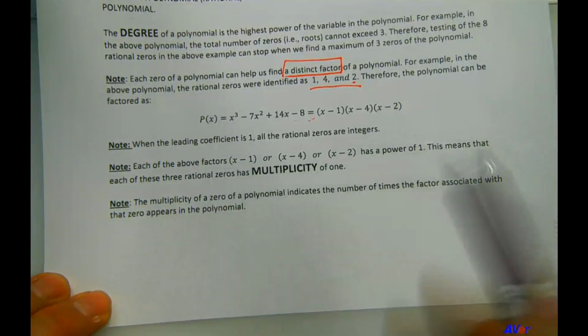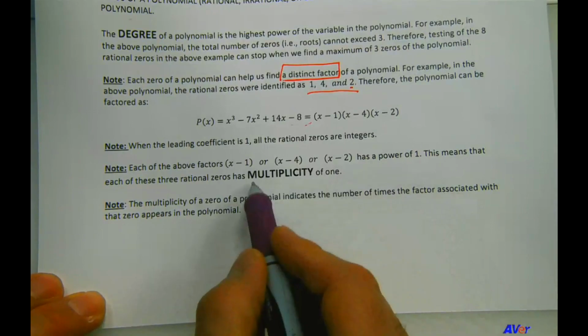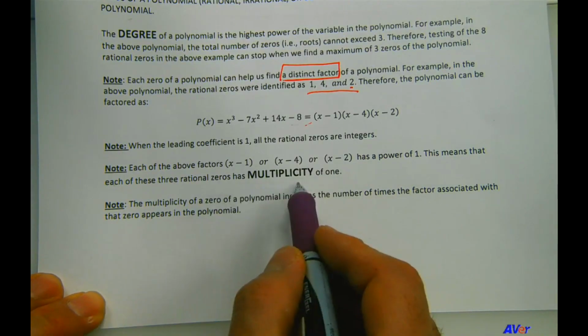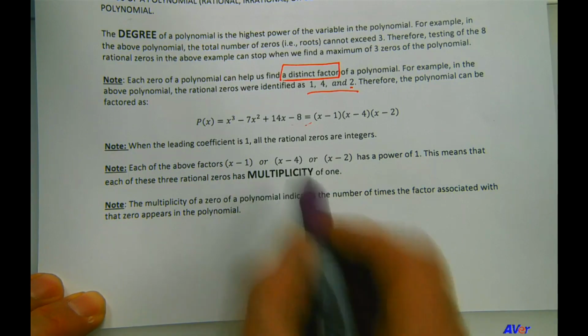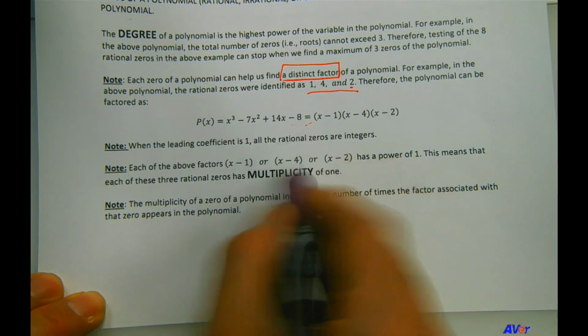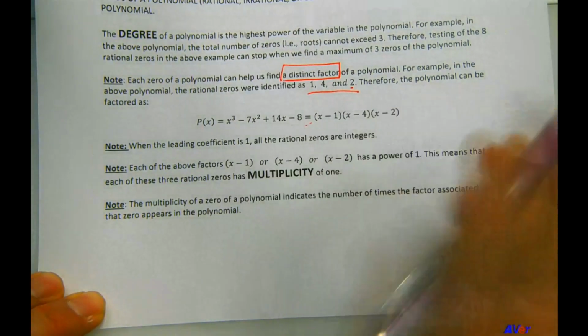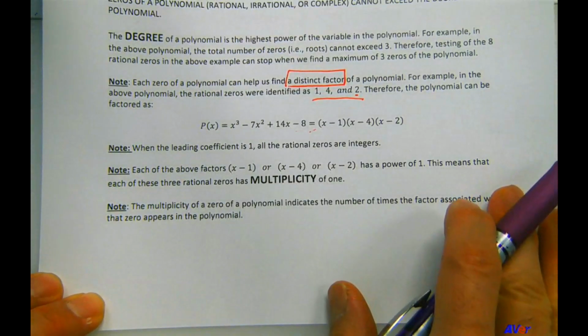Last time we also talked about multiplicity. Remember that? The multiplicity is the power of each of these factors. In this case, the power of all of these factors is 1, which is an odd number.